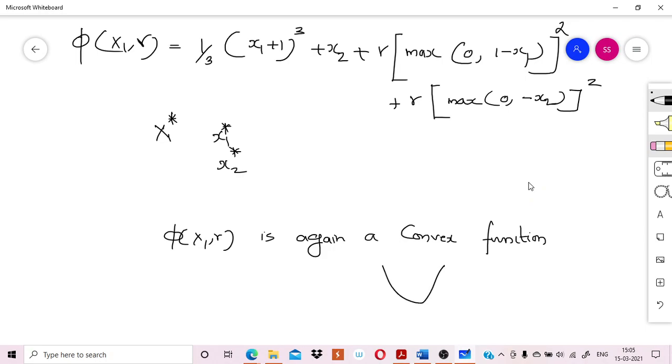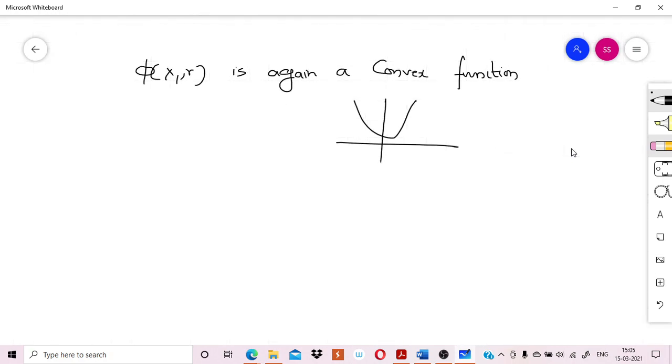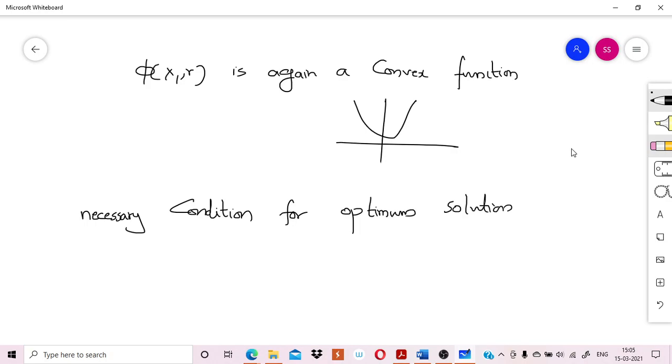For any convex function, the necessary condition for the optimum solution is that the derivative of this function is equal to 0.